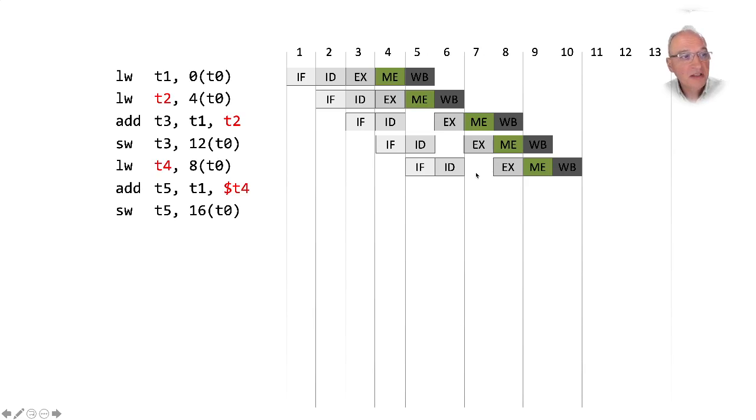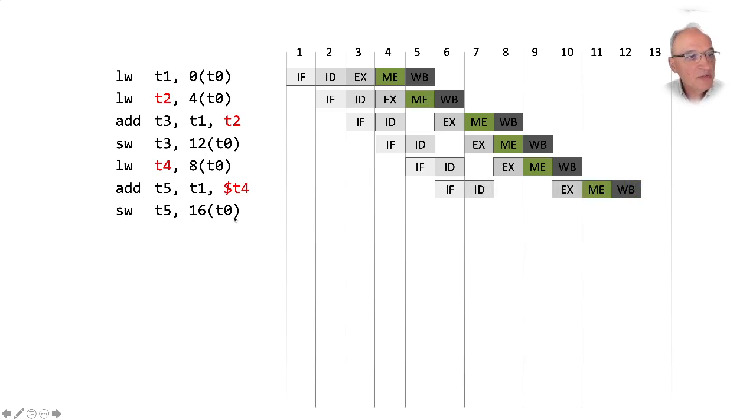It's not because of data dependence. I'm assuming that the value of T0 has been known since the beginning, but I cannot have 2 instructions using the execution unit at the same time. I cannot have 2 instructions using the arithmetic and logic unit. So this delay here is different than that delay, because this delay is a structural hazard delay.